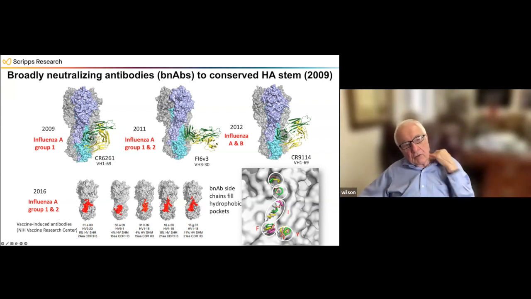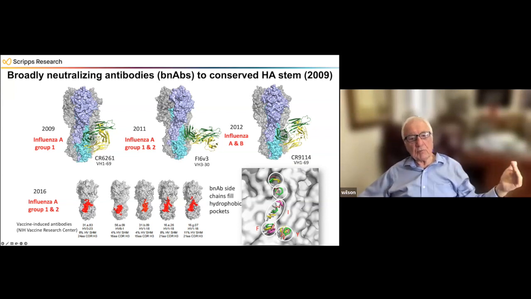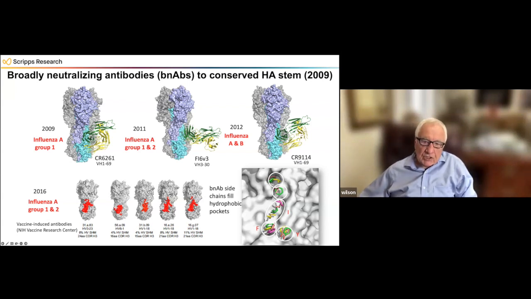So from having no human broadly neutralizing antibodies, in a couple of years we had extremely broad ones. Then, in a collaboration with Crucell, they pulled out an antibody that could actually bind to influenza A and influenza B. And you can see they're targeting a very similar site.